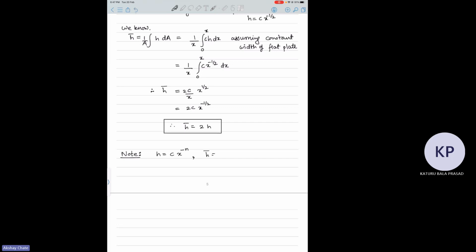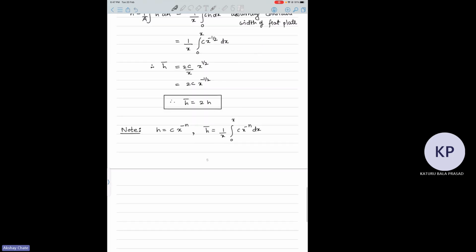Your h bar will be again the same thing, 1 by x, 0 to x, c x power minus n dx. So here you'll get 1 by x, c will be constant, coming out.